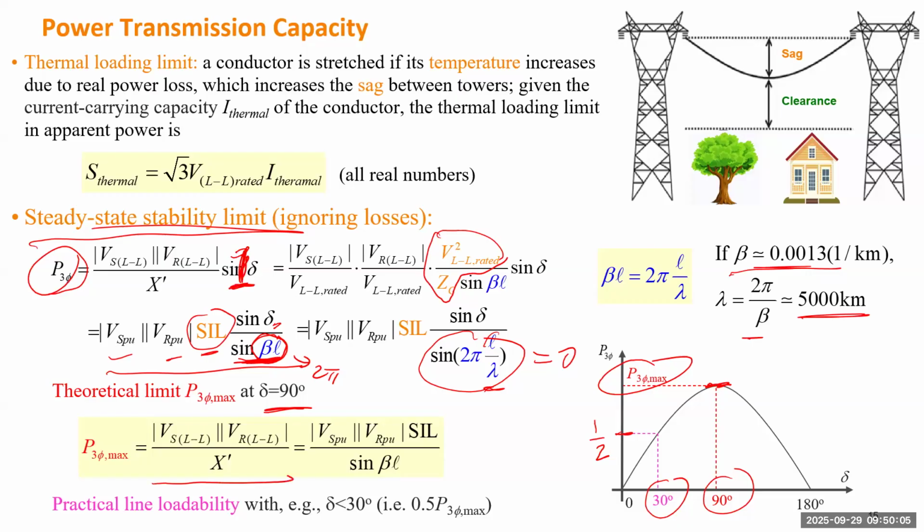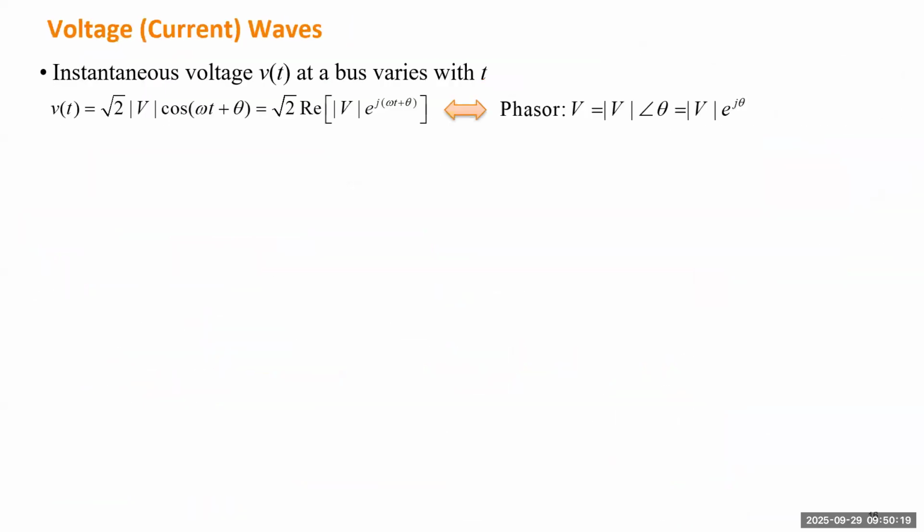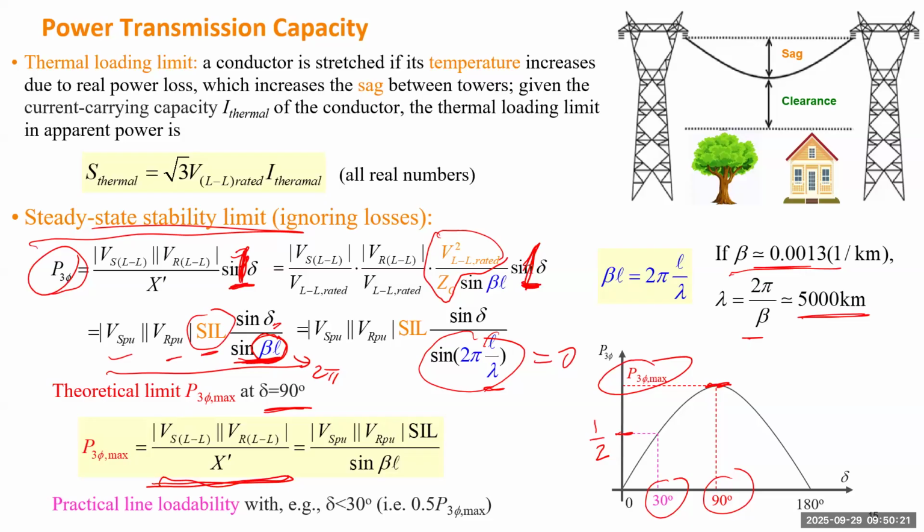So this will become the definition of the theoretical limit, which is the same as in this formula where we replace the sine delta by 1. So we can have either this formula or this formula to calculate the theoretical limit.